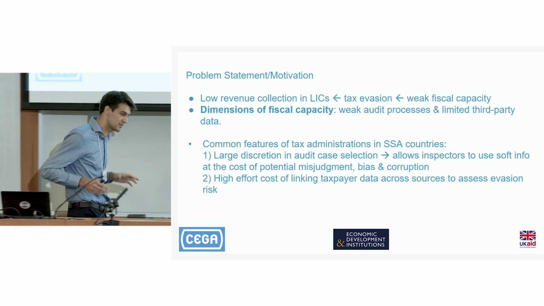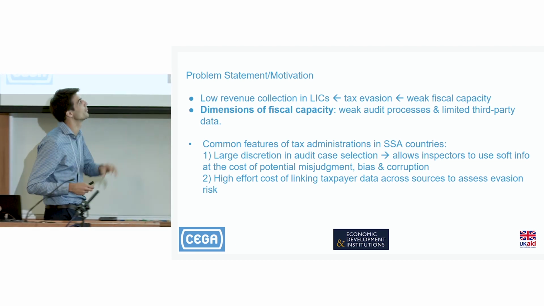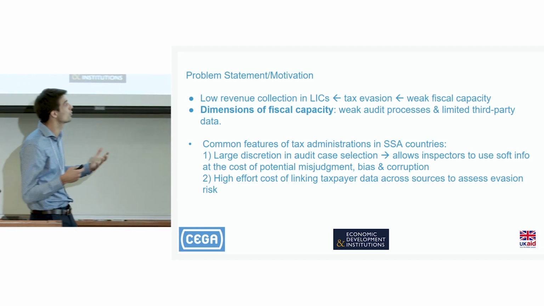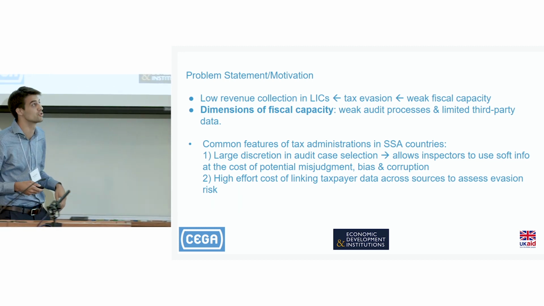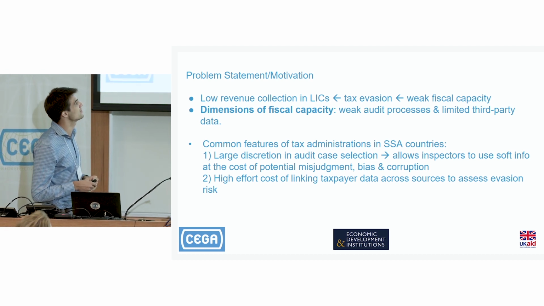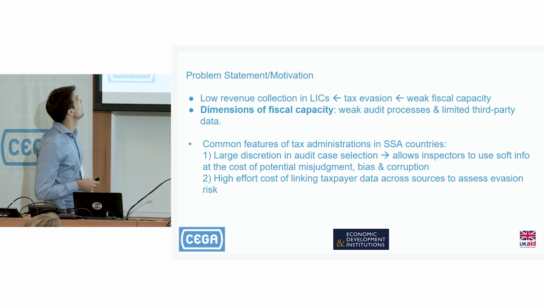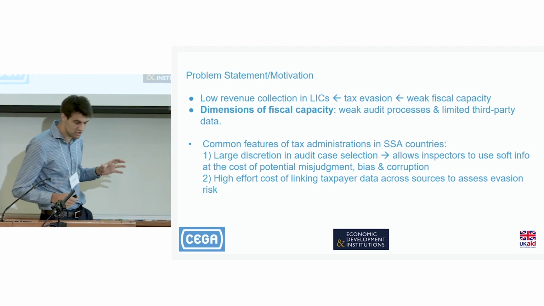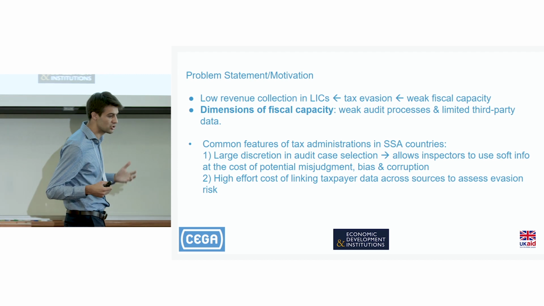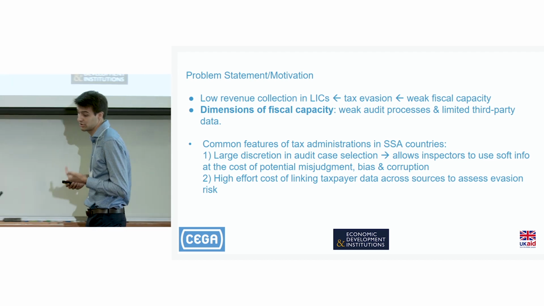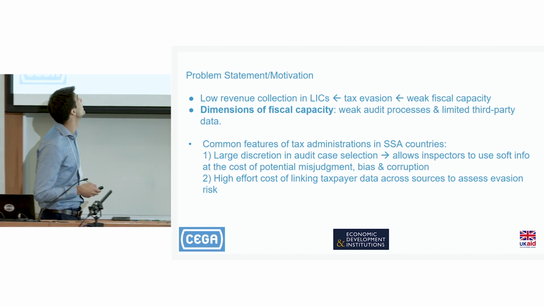weak audit processes. And there's many things going into there that we're going to unpack a little bit, and limited third-party information. And that is hard to cross-check information across different sources. And so some common features of tax administrations in sub-Saharan Africa are a large discretion in audit case selection that allows inspectors to use soft private information and experience to select cases for audits, at the cost potentially of bias, misjudgment, or rent seeking.